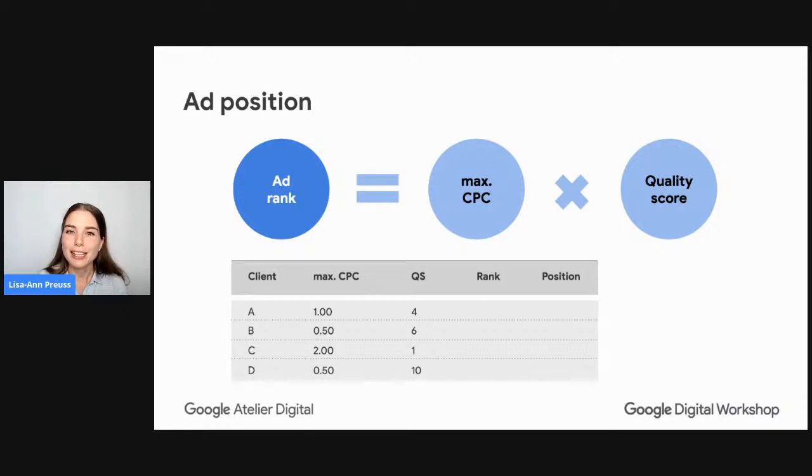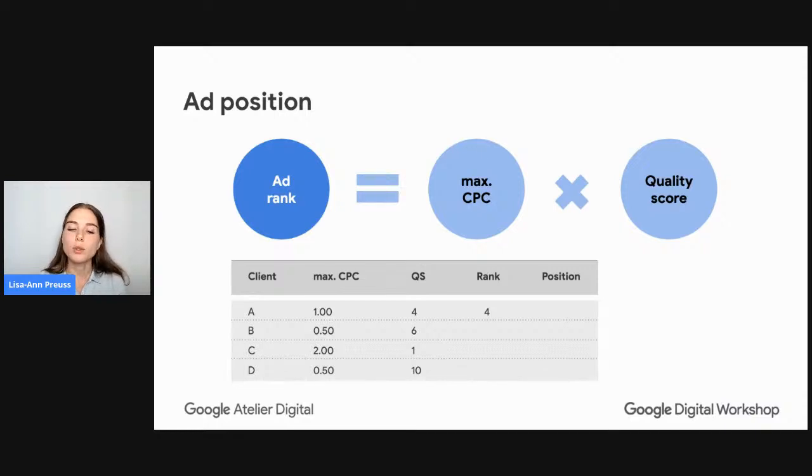Let's take a look at these examples, and you'll know what I mean. Let's say we have client A, B, C, and D. And each of them is willing to pay between 50 cents and up to 2 francs for 1 click on their ad. And for the keyword olive oil, they all have very different quality scores. Client A has a quality score of 4, giving this client an ad rank of 1 times 4, which is 4.